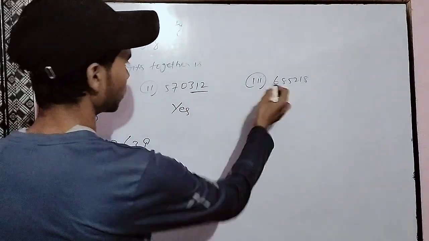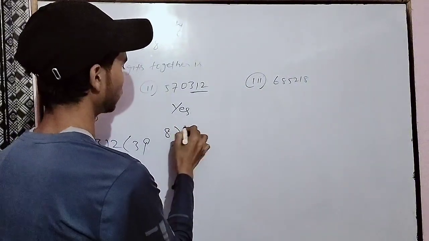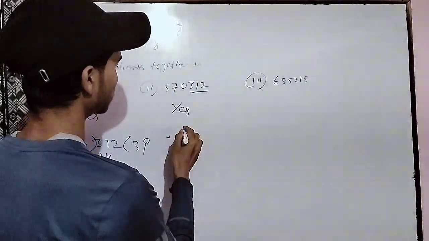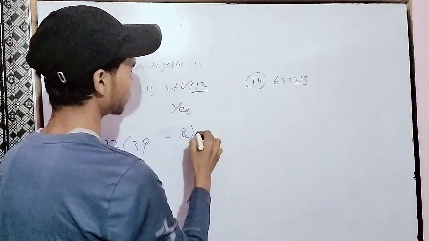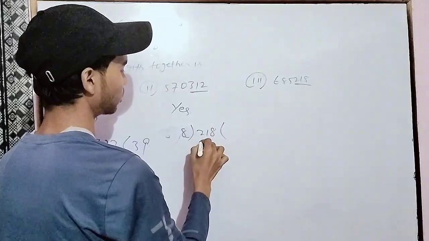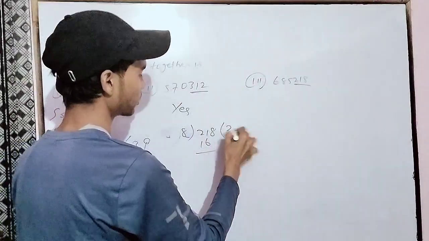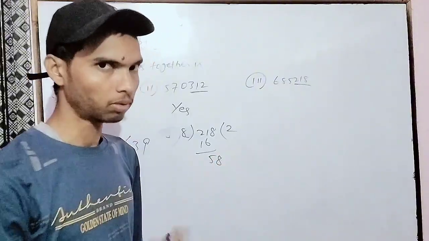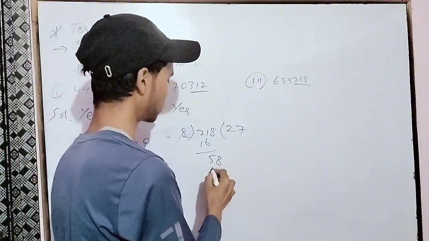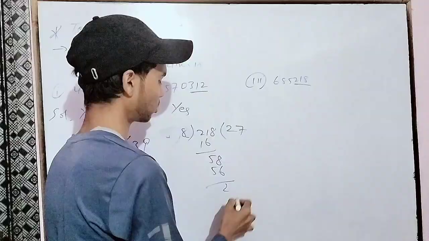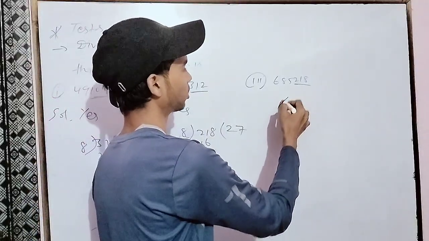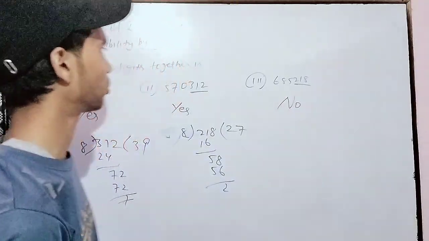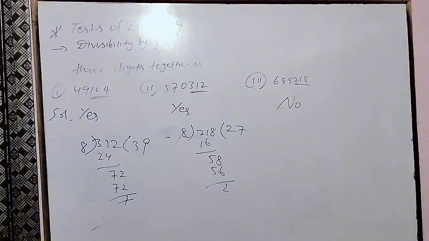Again yes. Next, 218. 8 2s are 16, 8 7s are 56, so no, this is not divisible by 8. Clear? That's all.